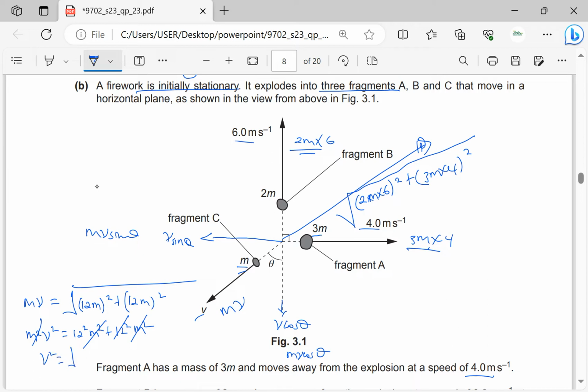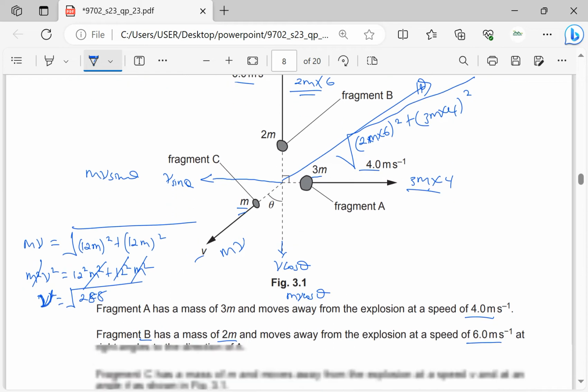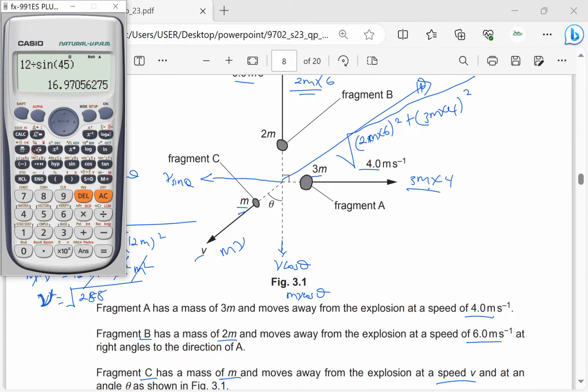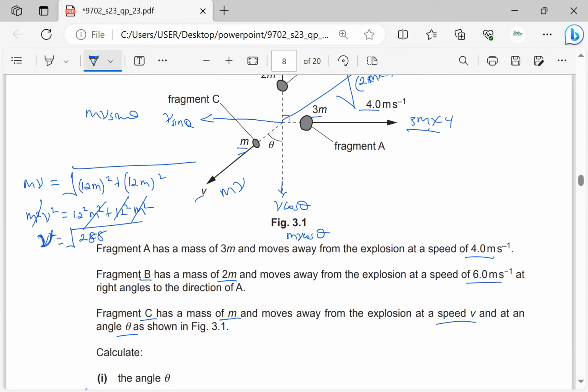So v squared is 12 squared plus 12 squared, that is 288. So v is the square root of 288. Let me check. It is 17, so this will still give us 17 meters per second. So that could be another way of doing that. That is, I've used momentum on one side equal but opposite to the momentum on the other side.